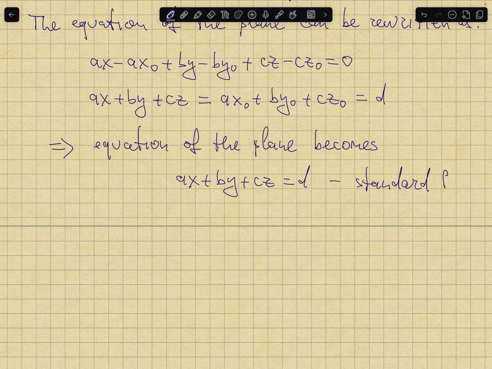So if I refer to the equation of a plane in the standard form, this is what I'm talking about.